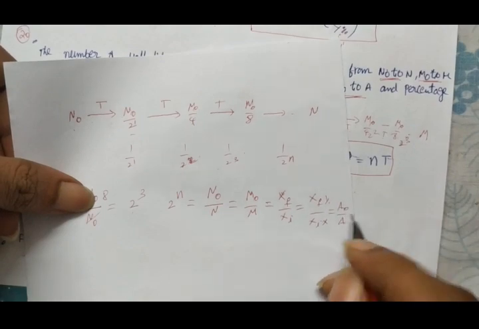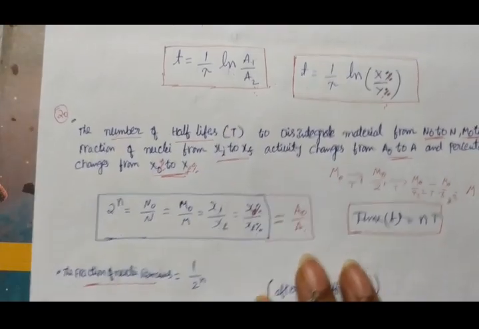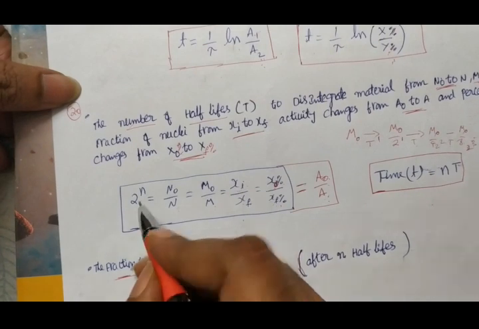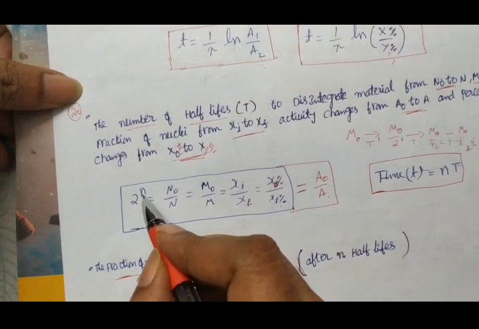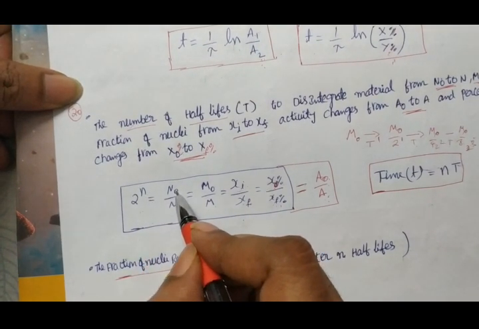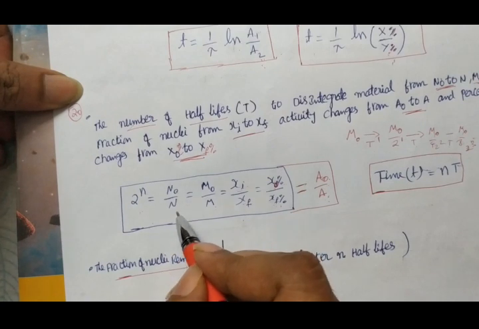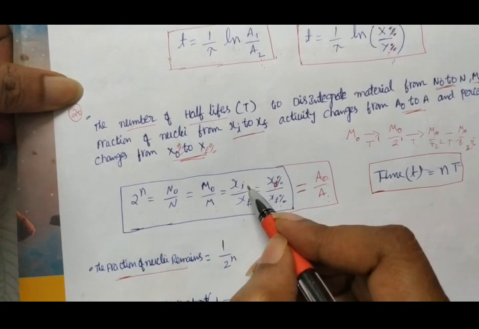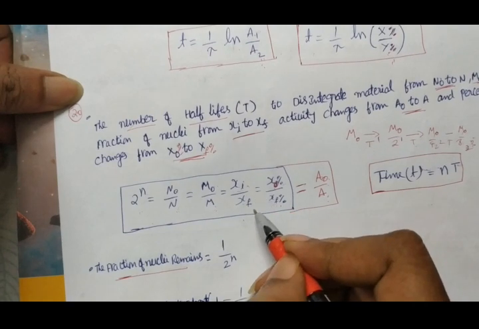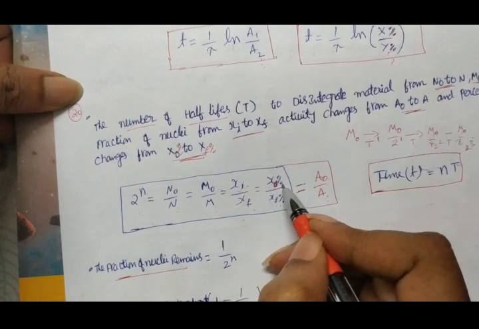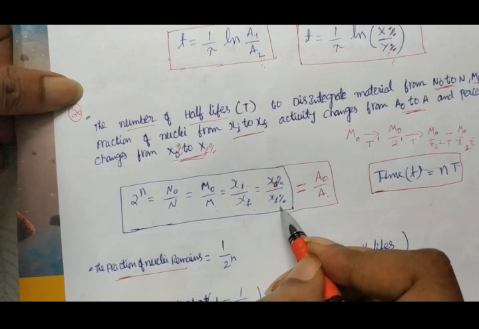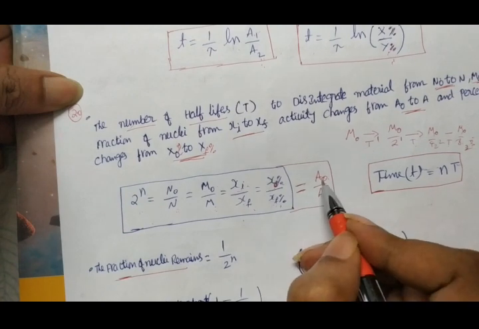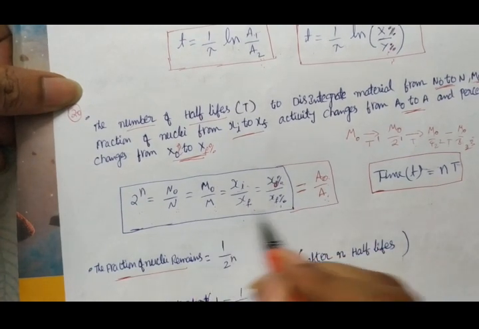That is the relation we have here, after how many half-lives: 2 power n is equal to initial number by final number, initial mass by final mass, initial fraction of nuclei present by final fraction, initial percentage by final percentage, initial activity by final activity. Like that you can take.